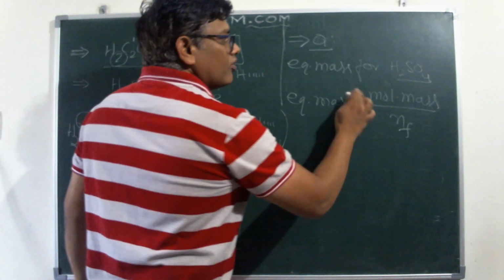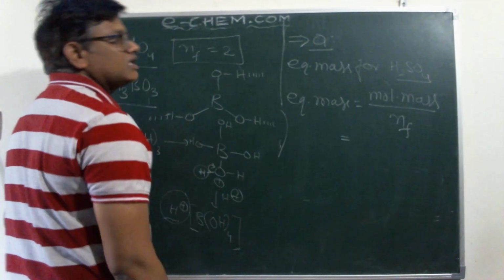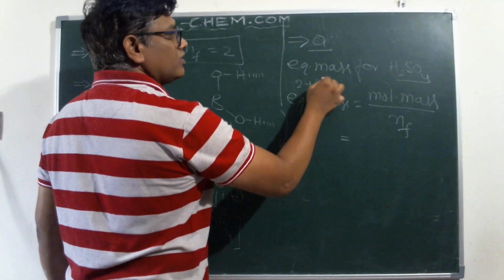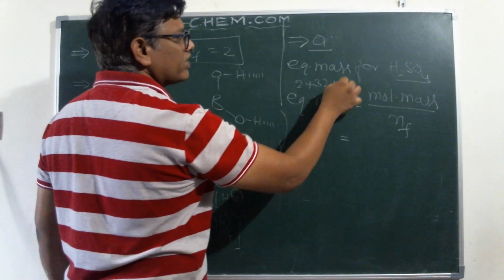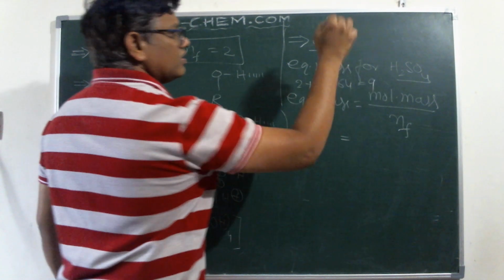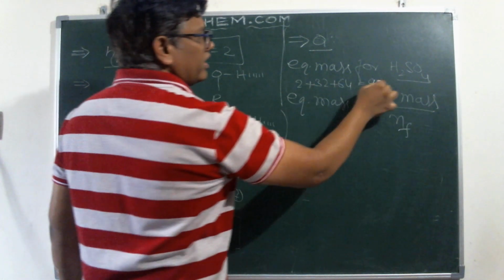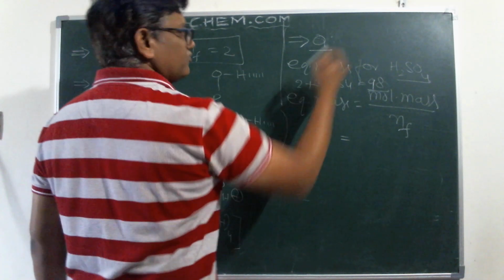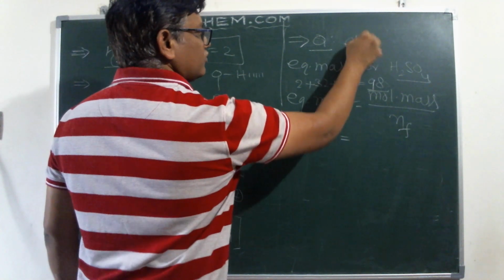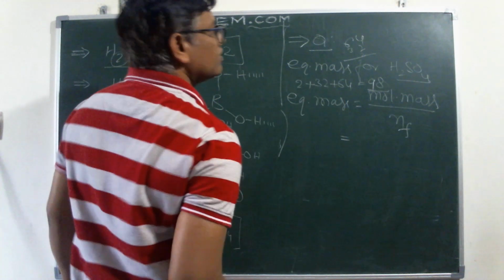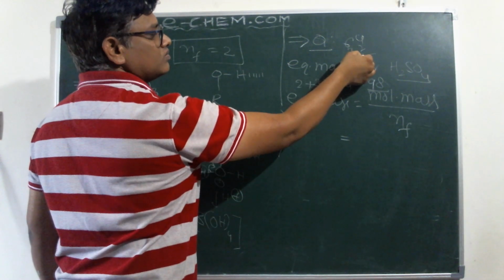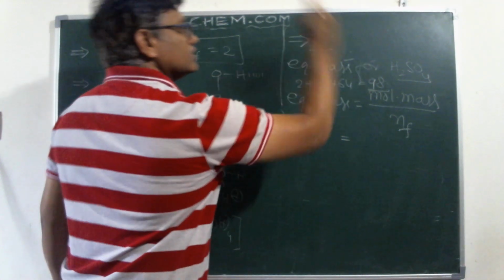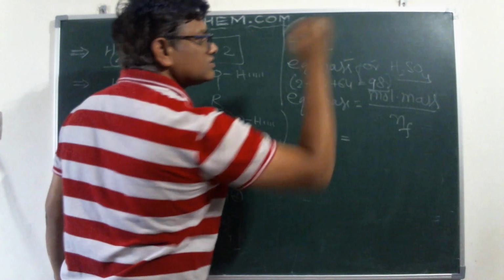That is equal to the molar mass of sulfuric acid, which will be 2 plus 32 plus 64, that is equal to 98. 64 plus 32 plus 2, so 98. 6 plus 2 is 8, and then 98. Yes, it is correct. So 98 is the molar mass for sulfuric acid.